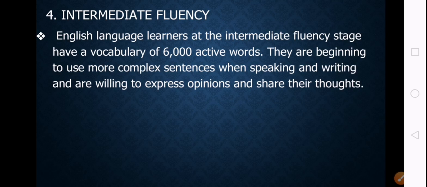The fourth stage is the intermediate fluency. English language learners at the intermediate fluency stage have a vocabulary of 6,000 active words. They are beginning to use more complex sentences when speaking and writing and are willing to express opinions and share their thoughts. They will ask questions to clarify what they are learning in class.